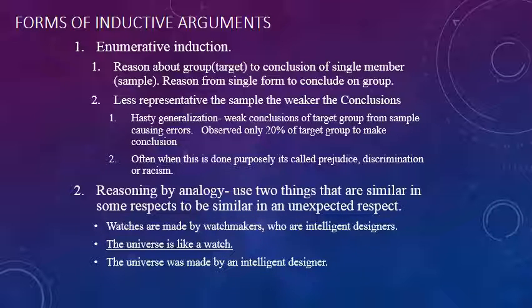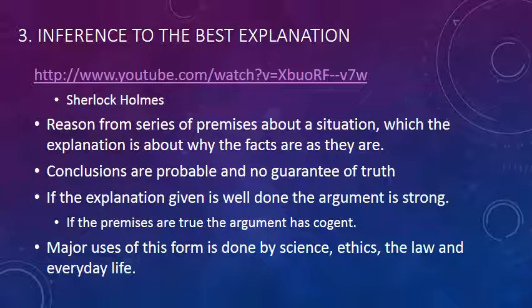All right, the third type of inductive reasoning is what's called inference to the best explanation. Okay, and a really good example of this, where you'll watch the video, is Sherlock Holmes, who does this all the time, and your book talks about this quite a bit. So inference to the best explanation is giving a reason from a series of premises about a situation, where the explanation is about why facts are as they are.